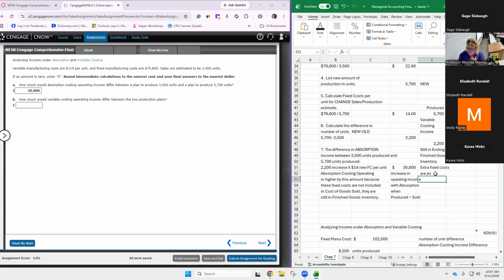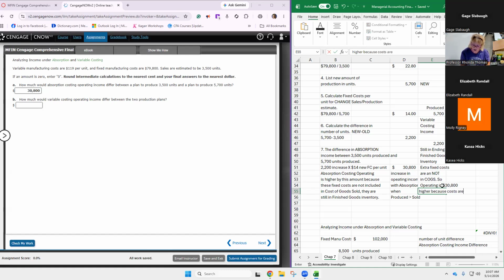So the extra fixed costs are not in cost of goods sold. Remember, cost of goods sold is subtracted from sales. So operating income is $30,800 higher because it is missing costs.